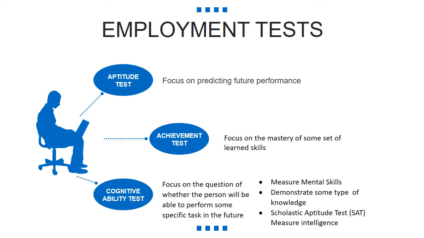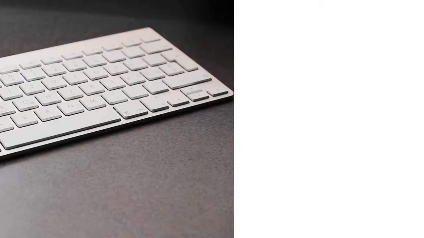For example, it measures the mental skills of an individual, demonstrates some type of knowledge, and includes the scholastic aptitude test, or the one that measures the intelligence of the applicant.